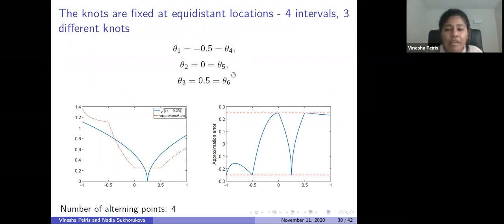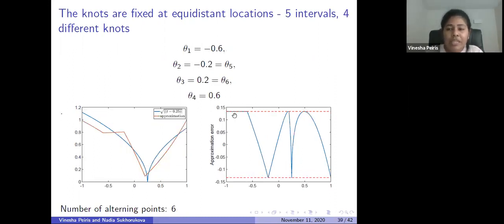And θ4, 5, and 6 are again at -0.5, 0, and 0.5. So if you look at the approximation, we can see very rigid pieces of functions as the approximations, and we only get 4 alternating points. And the maximum deviation is somewhere around 0.25.